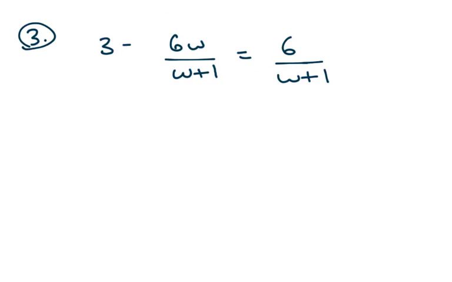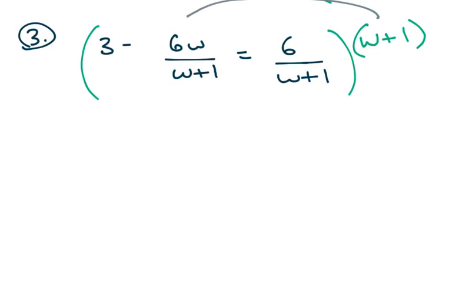I can move on. Alright, so here's another situation that, again, perhaps at first look seems intimidating, but all I have to do is multiply through by the denominator, which is w plus 1. Alright, so we're going to take w plus 1, we're going to distribute into all of these.